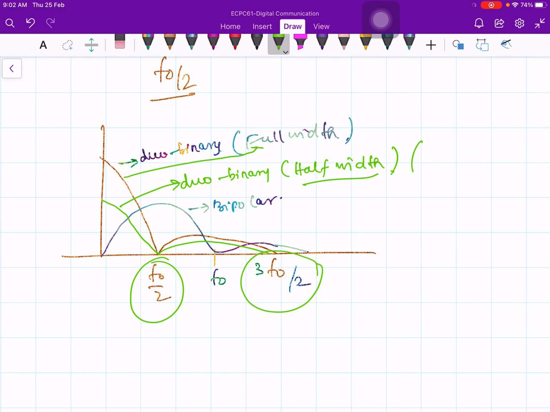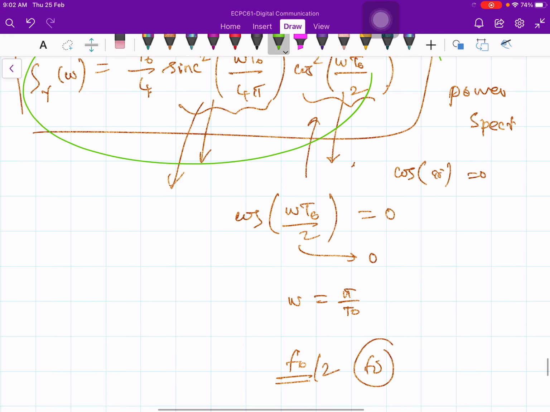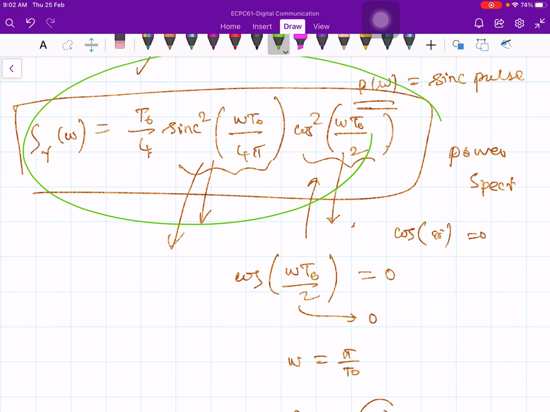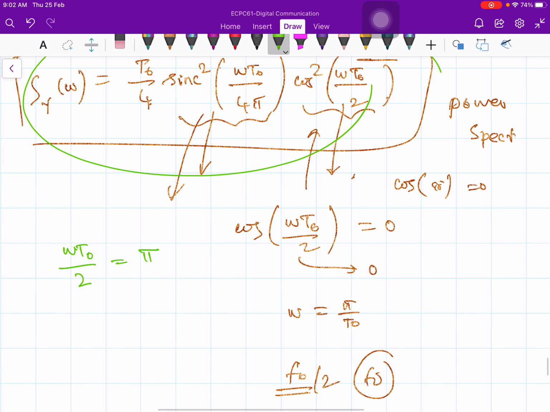Now although it seems that we have achieved what we want to achieve, there is a small problem that you can notice. Before that, let me justify how we got this f naught by 2. Take omega t0 by 2, this is equal to, I need pi, because cos pi is 0, right? No, cos pi by 2, and this and that will get cancelled.